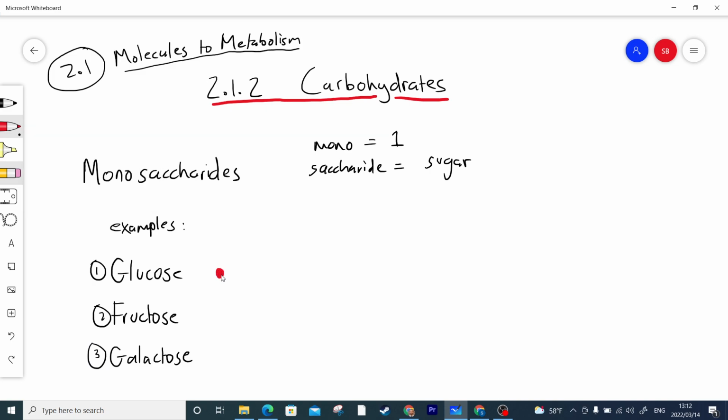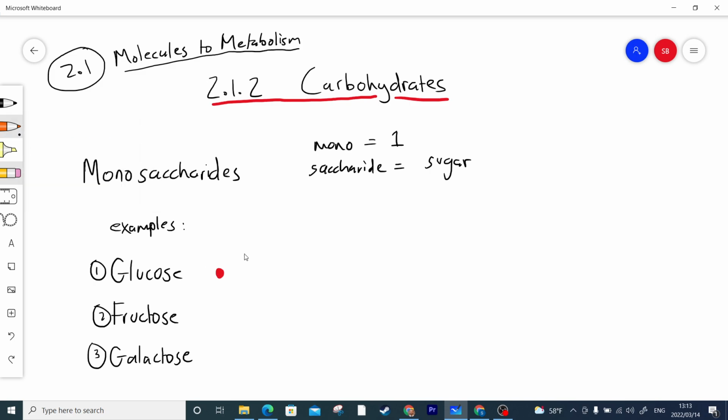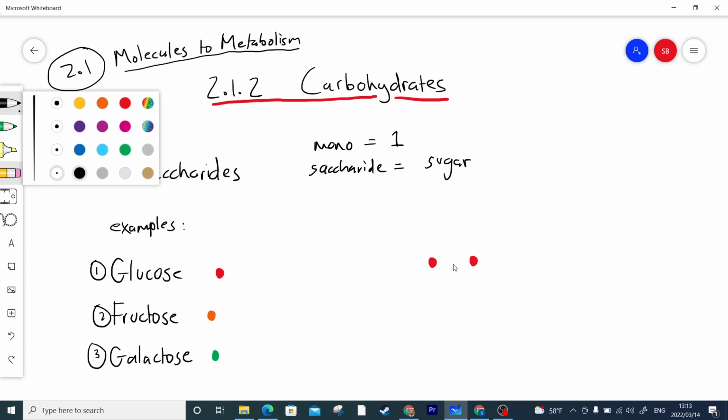Let's say glucose looked like that. A little red dot. Fructose looked like that, and galactose looked like this. A basic understanding. If I take one glucose molecule, and I go and find another glucose molecule, there it is over there, I can join these two glucose molecules together with a bond.